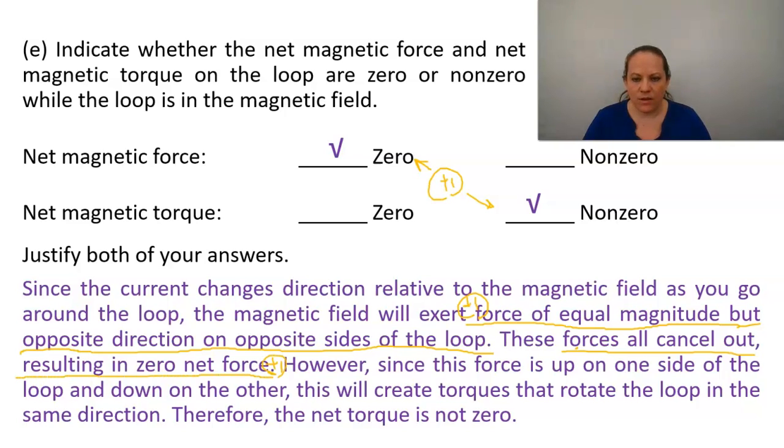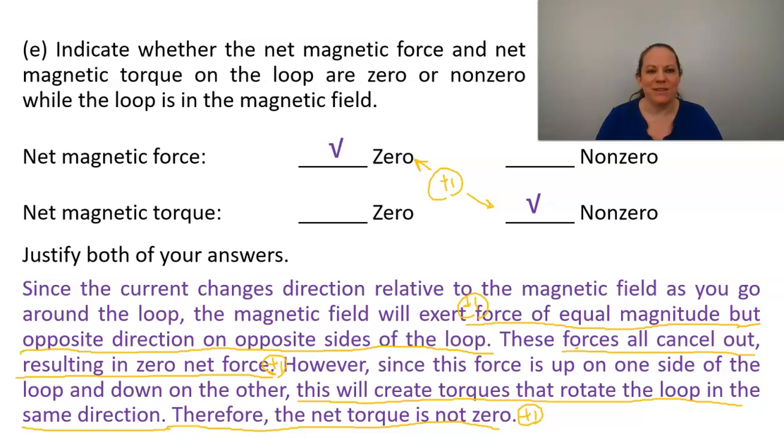All right, so there's our next point. And then a point for indicating the torques add and the net torque is not 0. So this final couple of phrases, this will create torques that rotate the loop in the same direction. Therefore, the net torque is not 0. That would earn us our final point on this part.